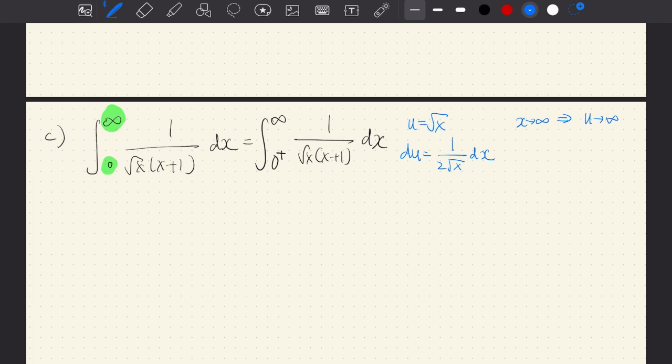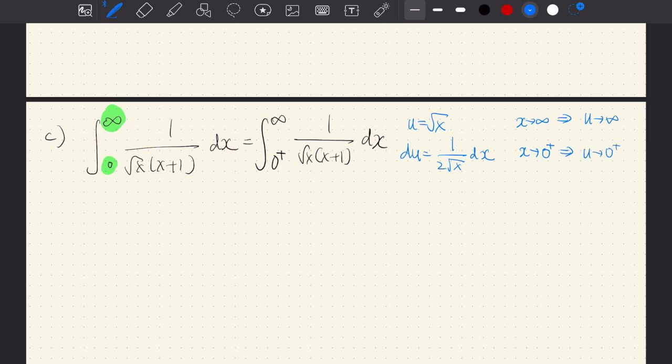This is easy. And when x is going to 0 from the positive side, here we have a 0 plus, which means that later we want to let x go to 0 from the positive side. Then when x goes to 0 from the positive side, u also goes to 0 from the positive side, right?